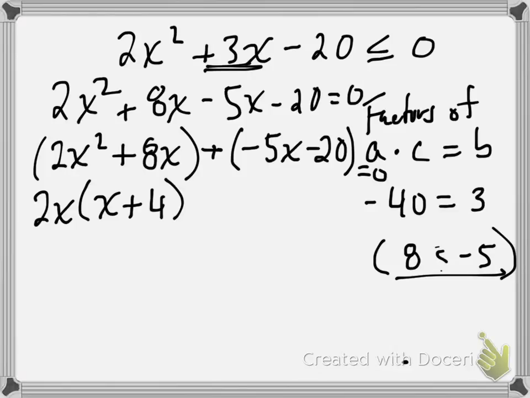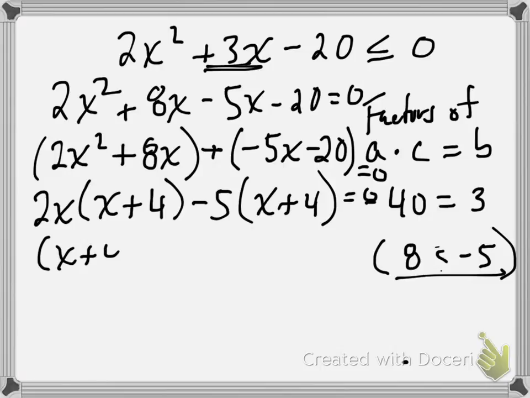And then I'm going to factor out a negative 5 here, so I'm left with x plus 4. If you do this right, what's in parentheses here should be the same. That's one of my factors. So x plus 4 is one of my factors, and then what's left is the other one of my factors.